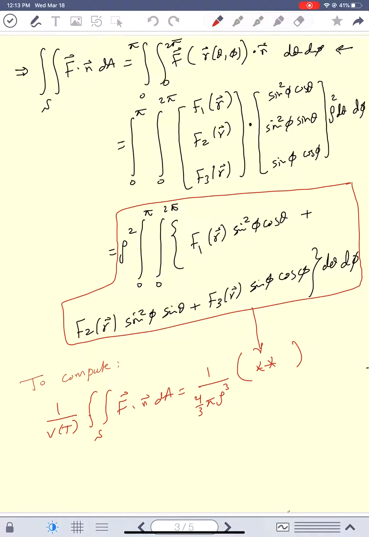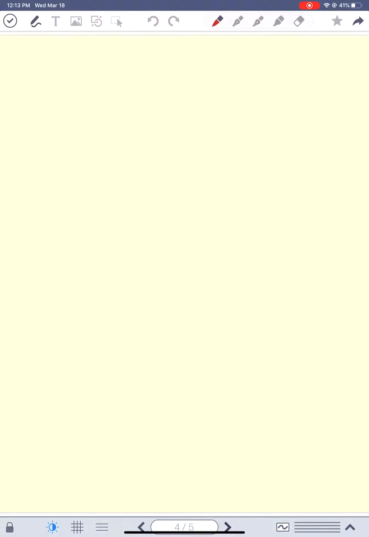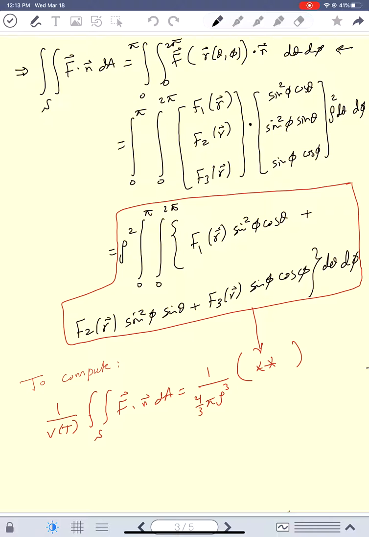So let's look at this quantity in detail. If you look at this integral, I have three integrands. This is the first one, plus.